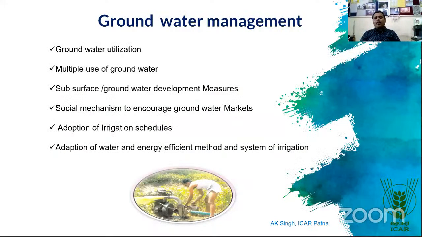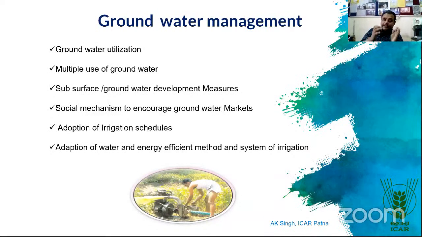In case of groundwater management, India has an ample amount of groundwater. We hardly utilize 30% of the groundwater reserve we have, and because of the energy needed for pumping the groundwater, very judicious use of this groundwater is the need of the hour. The multiple use of groundwater is utmost required.